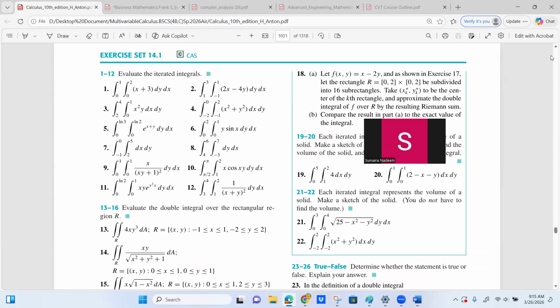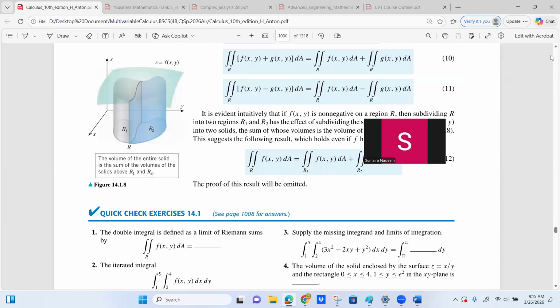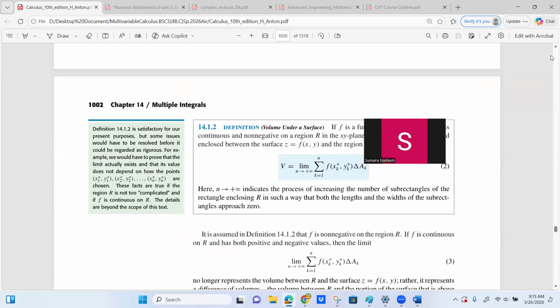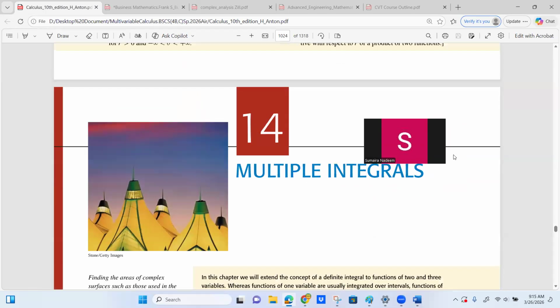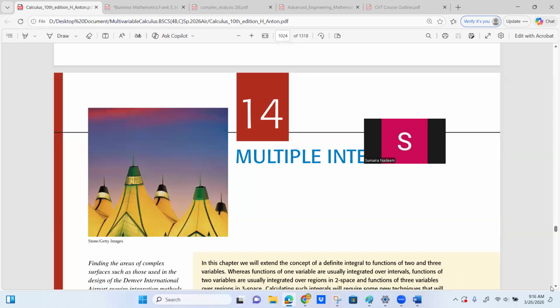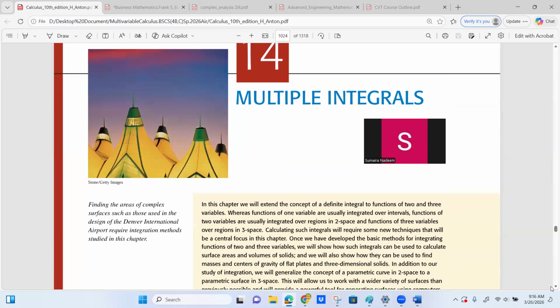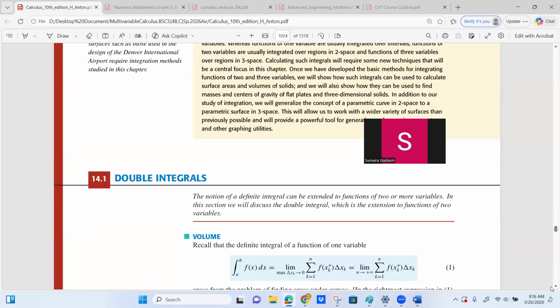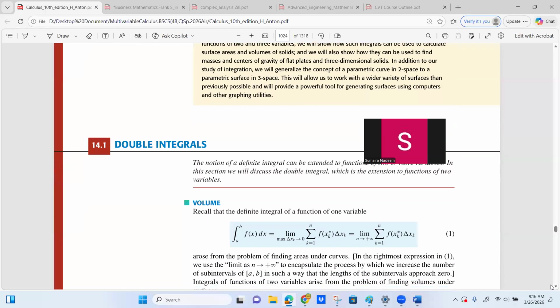This is chapter number 14.1. Basically I start from chapter number 14, this is related to multiple integrals. There is the double integral and triple integral in this chapter.